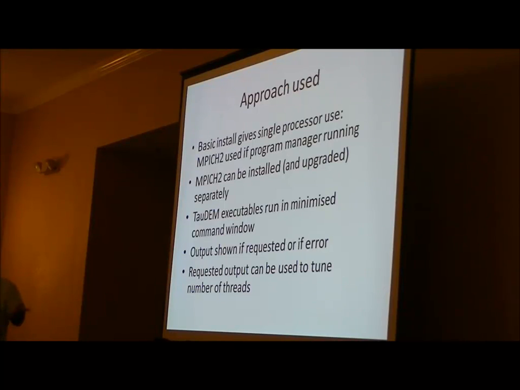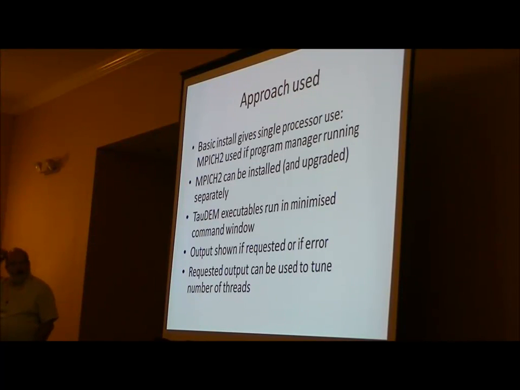The TauDEM executables run in a minimized window. I started out with a hidden one, but I discovered that occasionally it can stall, and if the window is hidden, it's very hard to stop everything to get out of it. The disadvantage is that the minimized window appears and disappears at the bottom of your screen, but at least if it stalls, you can open it and press Control-C to get rid of it.